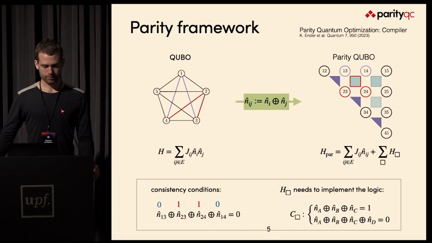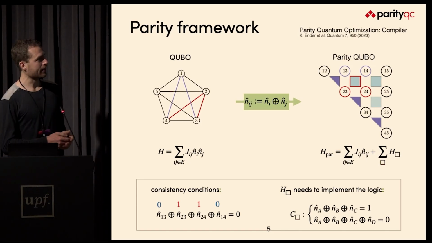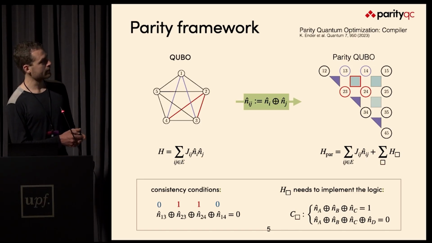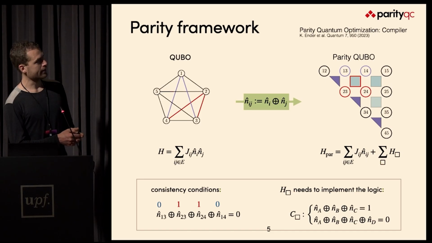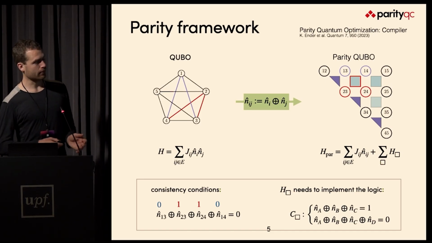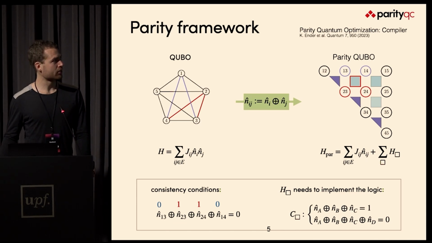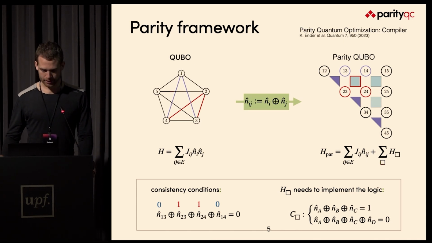You can see this mapping here, where these parity qubits are single qubits, and this is the product, which is one edge in the graph.